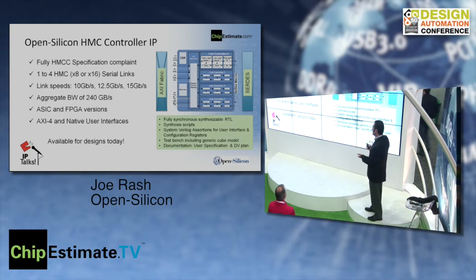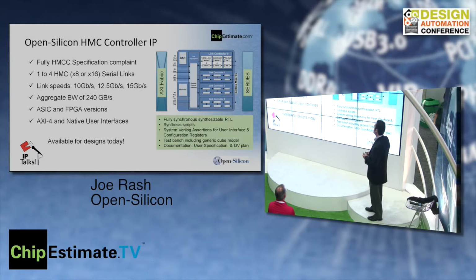On the outbound side, the outside of your chip, you would connect this controller core to a SerDes. It would be a third-party SerDes from a number of providers that we work with. Or on the inside, the user side of this, you can have a native interface or an AXI 4.0 interface. It's fully compliant with the HMC Consortium specification that was released.